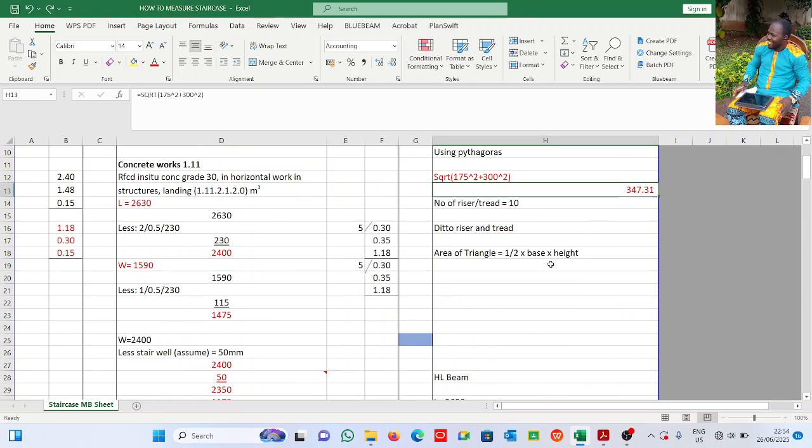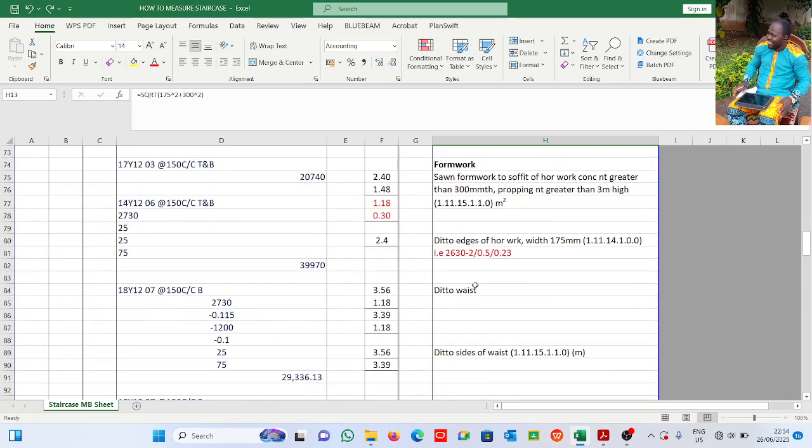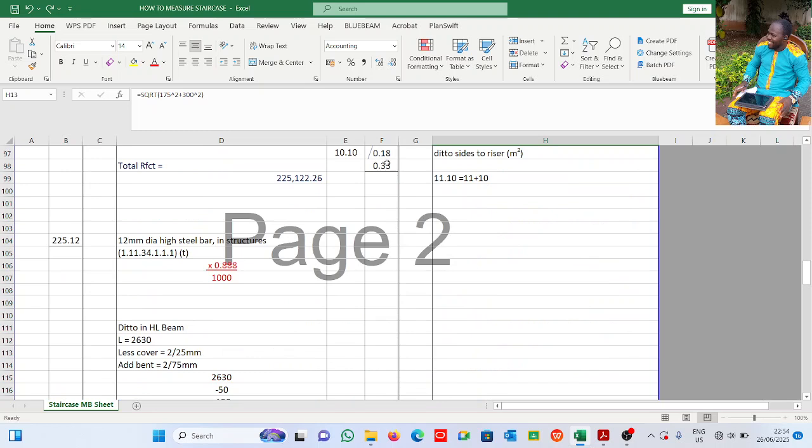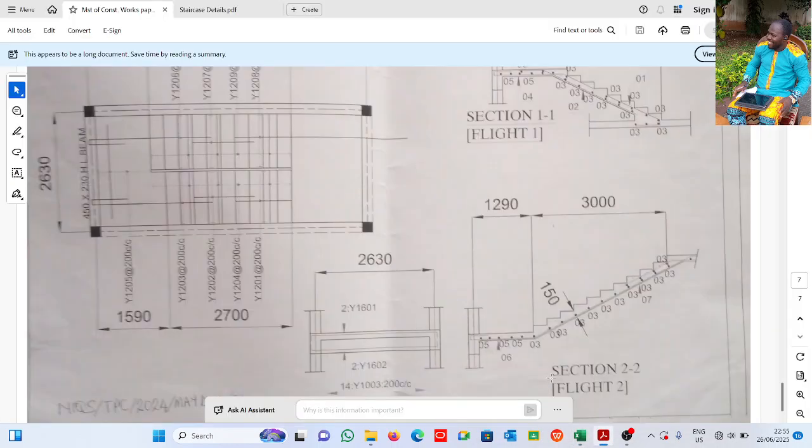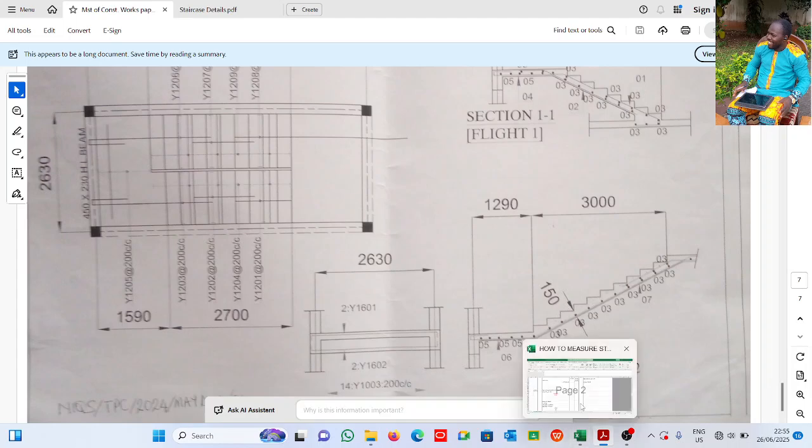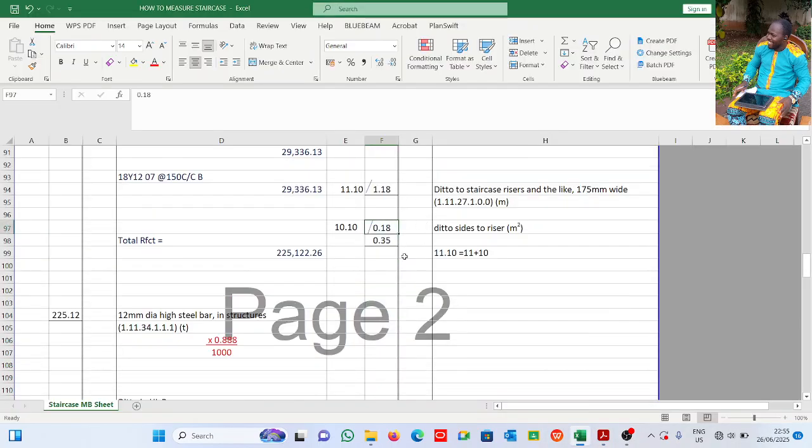Okay, 0.35. Alright, this is 0.35, which is the slant part of it, which is here by this. That's what will cover that place properly. This is 0.3. Okay, so this is it.